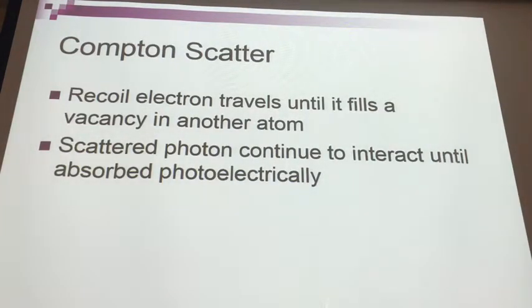Okay. The recoil electron travels until it fills a vacancy in another atom. So it's absorbed by another atom. That could happen. For example, if we were able to look at the atomic level, your desks, just imagine, close your eyes and imagine your desk. Electrons right now are being shared between all the atoms on the surface. What you have is just a transfer of electrons going everywhere. Electrons are not staying in one atom.